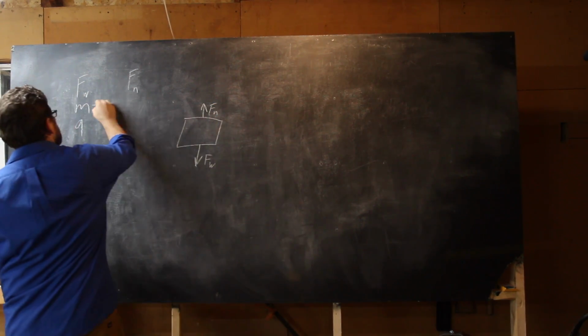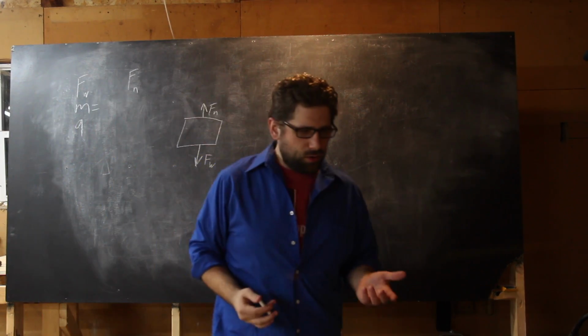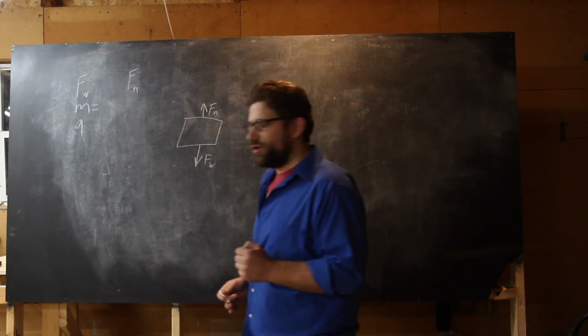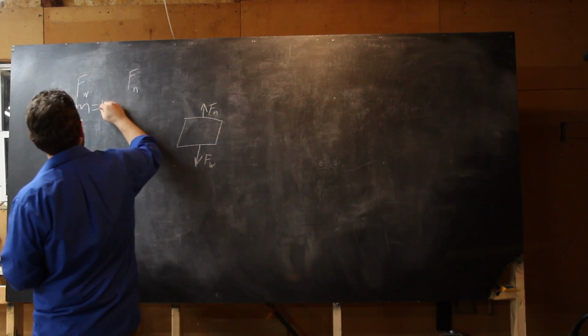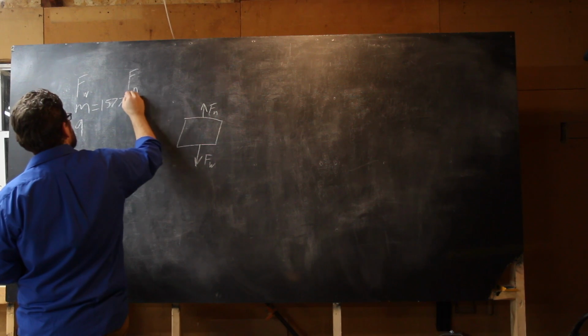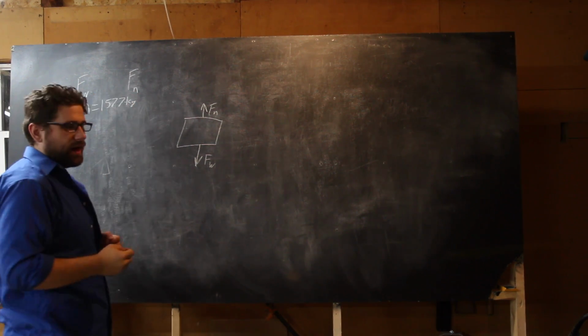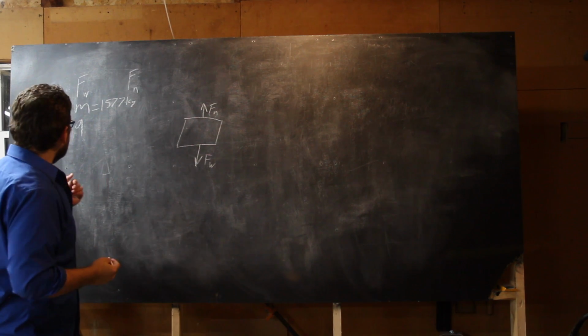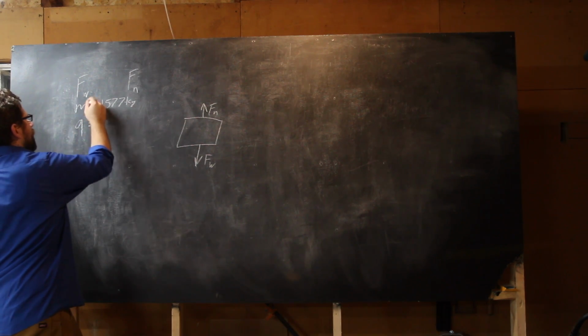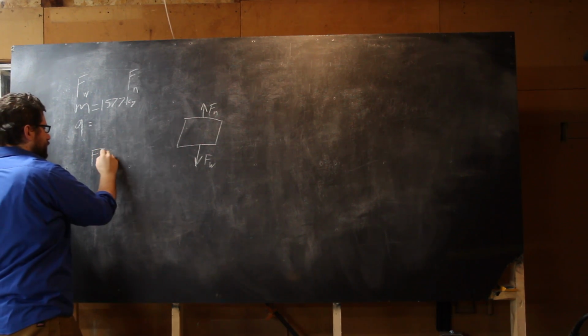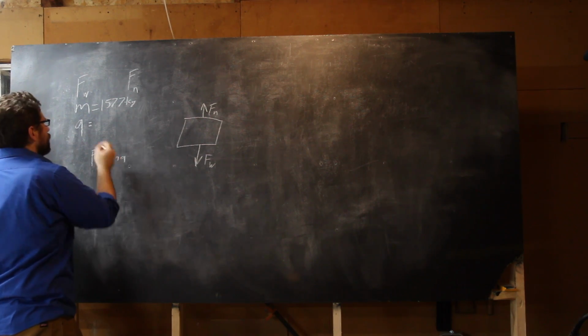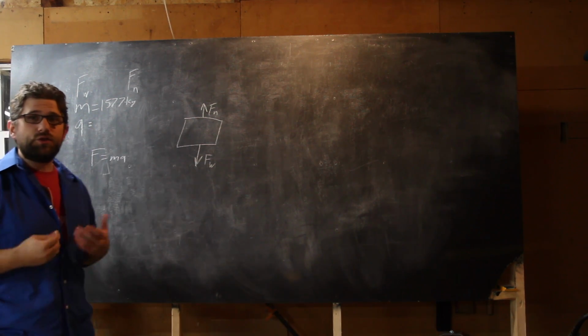So if my mass is equal to 1,577 kilograms, and I want to know the force on it, well, then I need to use the acceleration times the mass in F equals ma. And the acceleration is going to be due to gravity.